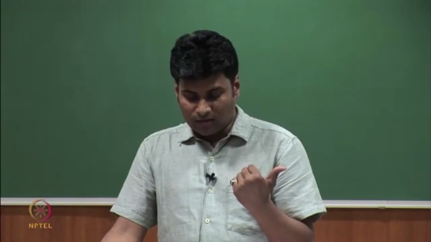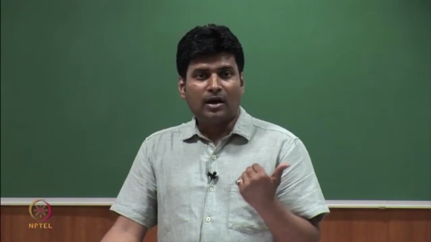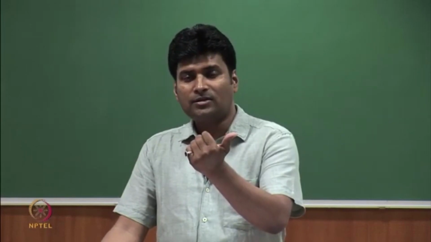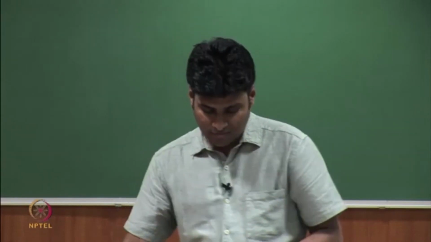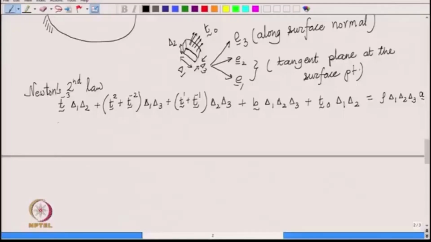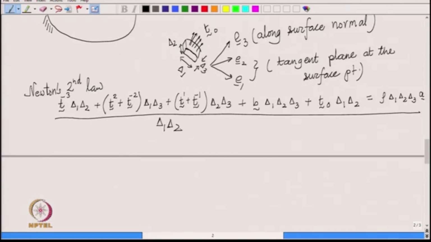The bottom plane, the negative E3 plane, I am pushing it to the surface, right, as delta 3 goes to 0. So, let us divide this whole thing by delta 1 delta 2 and then take the limit delta 3 going to 0.